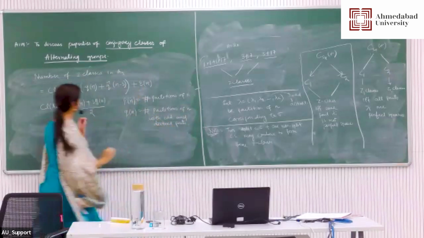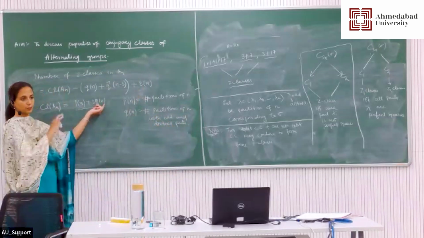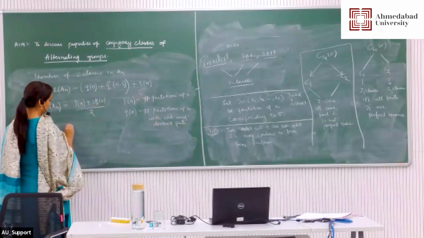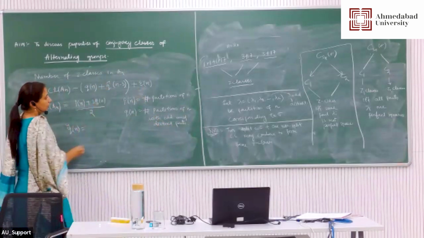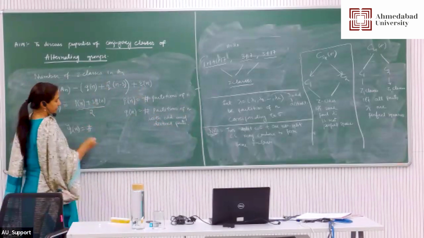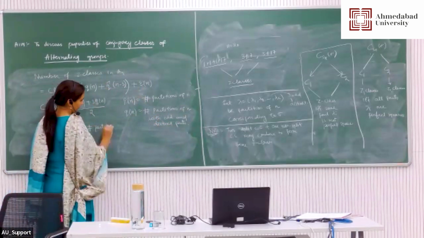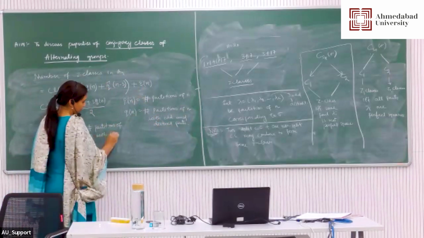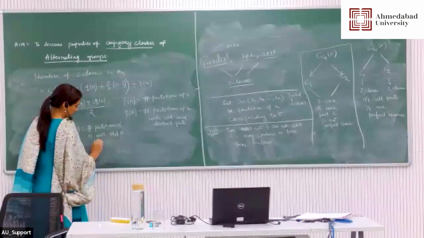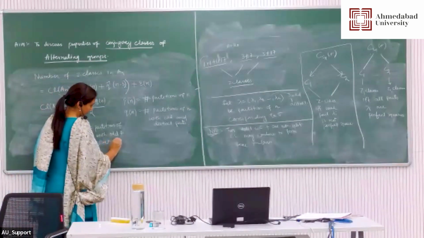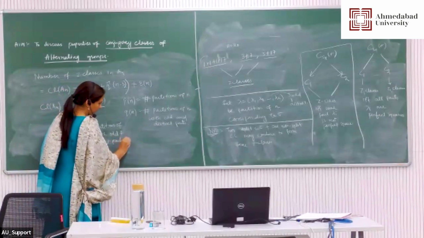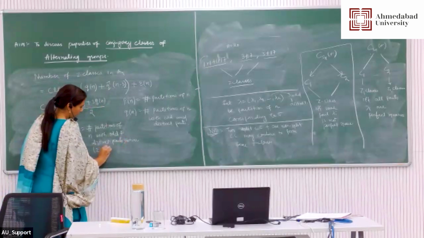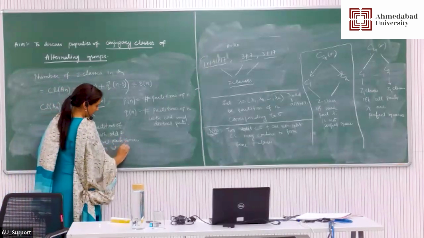So you can see that this Qn is taking care of the splitting of conjugacy classes, and this Q tilde N is the number of partitions of N with odd distinct parts where 1 and 2 are not appearing as parts.